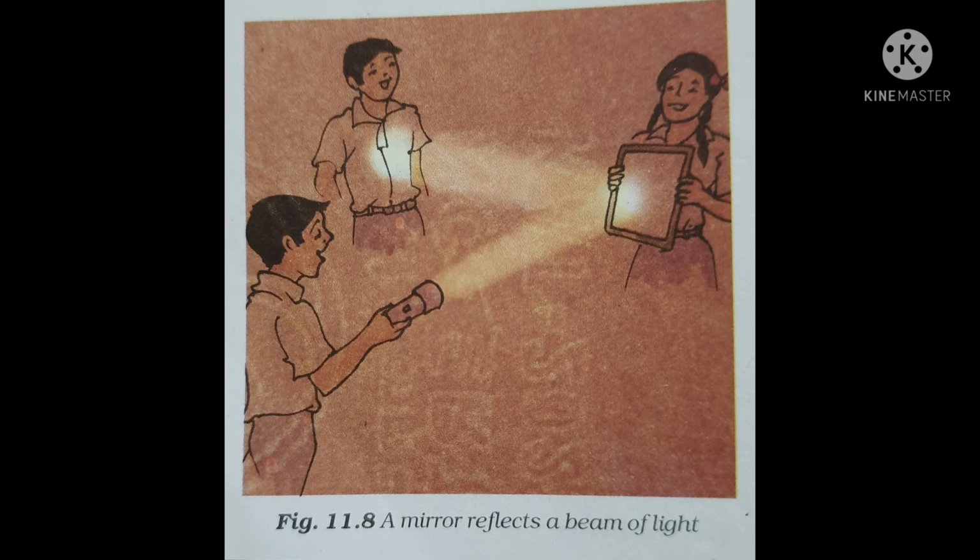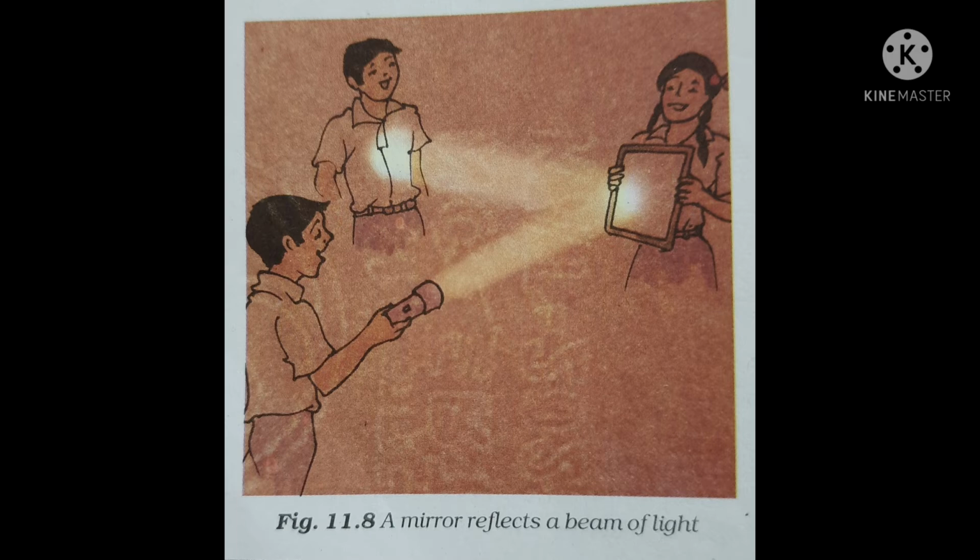Now we see one activity which is given in your NCERT book. This activity must be done in a dark room. For this, you need two friends, one mirror and a torch. You can see in the figure, one friend is holding the mirror at one corner of the room, the other is standing at the other corner with a torch.